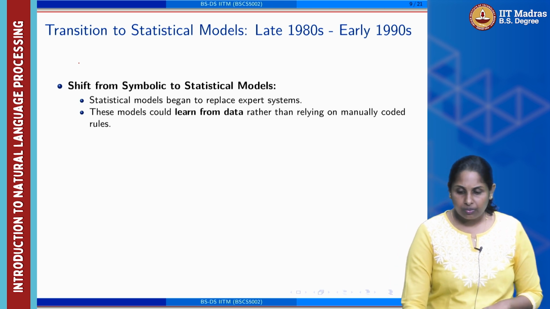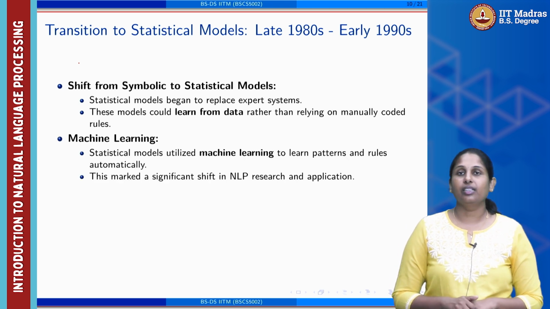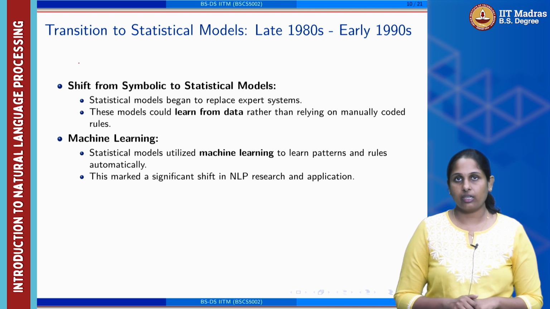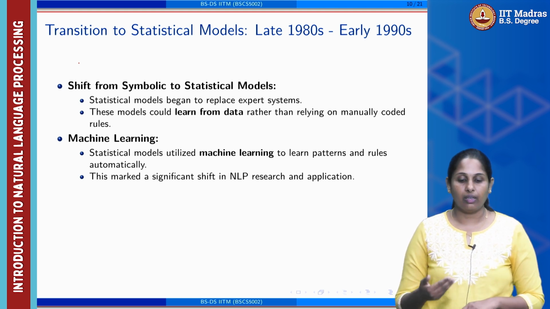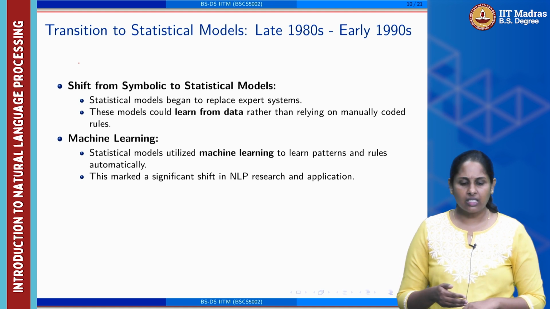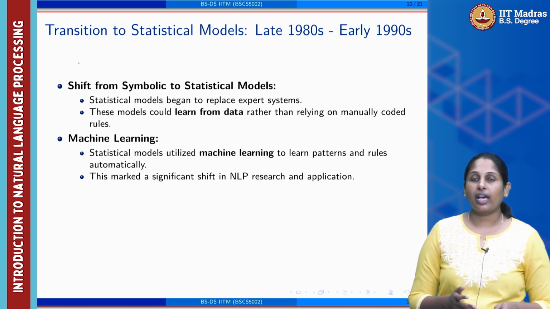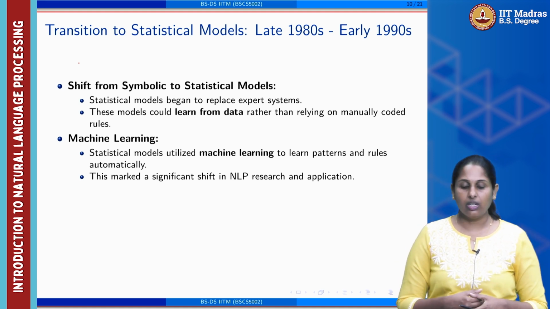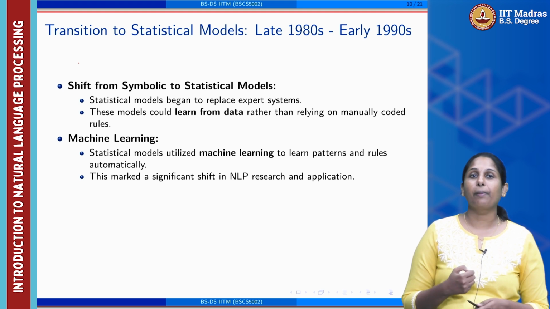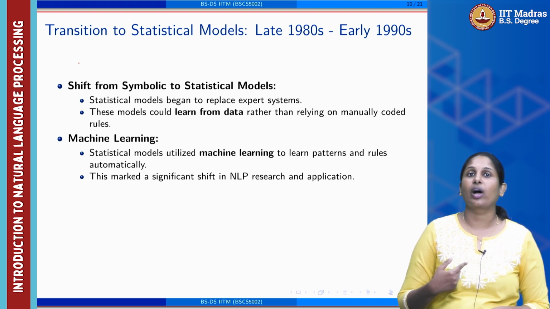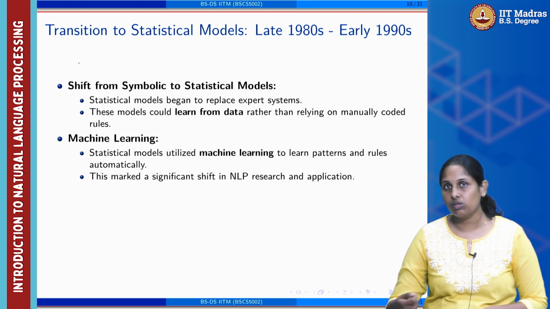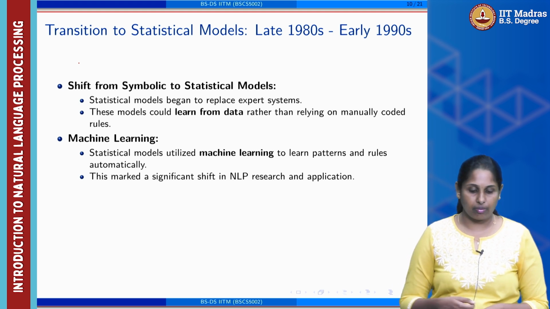Now the idea of machine learning started becoming the root of NLP during the early 90s. Statistical models utilize different kinds of machine learning, because here we need to learn the patterns and rules in a language automatically, instead of writing the rules as manually coded information.